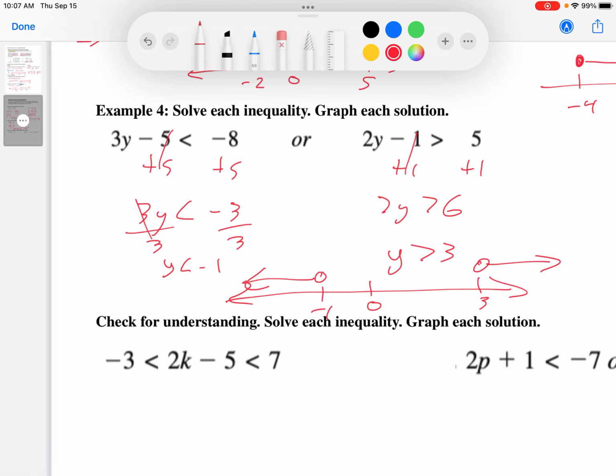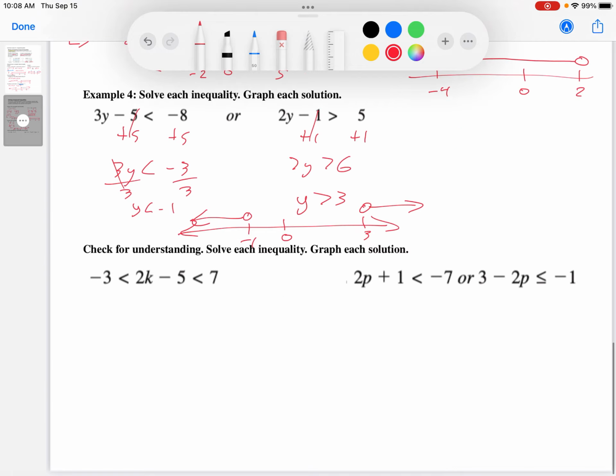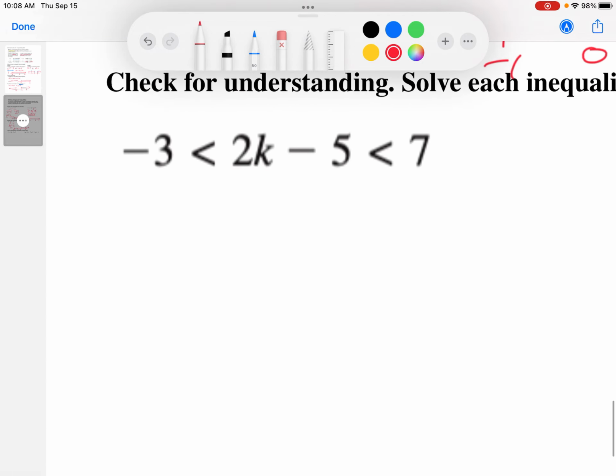Okay, hopefully you had a chance to solve example 4 on your own. That was an or statement, so again, the arrows should have been going away from each other. All right, we're going to do another couple problems together just to practice. So why don't you pause the video right now and see if you can do this next problem. And I'm going to do it and then turn the video back on.